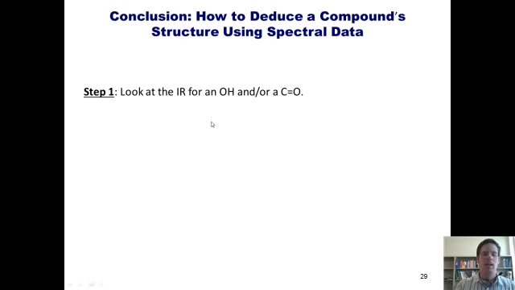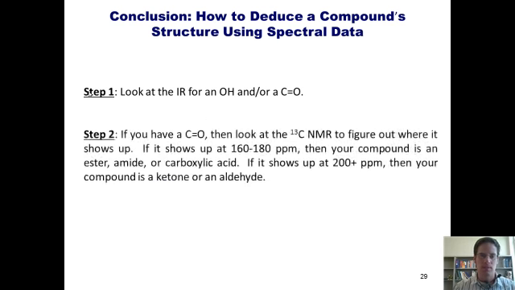Step number 1, look at your IR for an OH and/or a carbonyl. Step 2, if you have a carbonyl, as determined from the IR, then look at the C13 NMR to figure out where it shows up. If it shows up at 160 to 180 ppm, then your compound is an ester, amide, or carboxylic acid. If it shows up at 200 or above, then it's a ketone or an aldehyde.